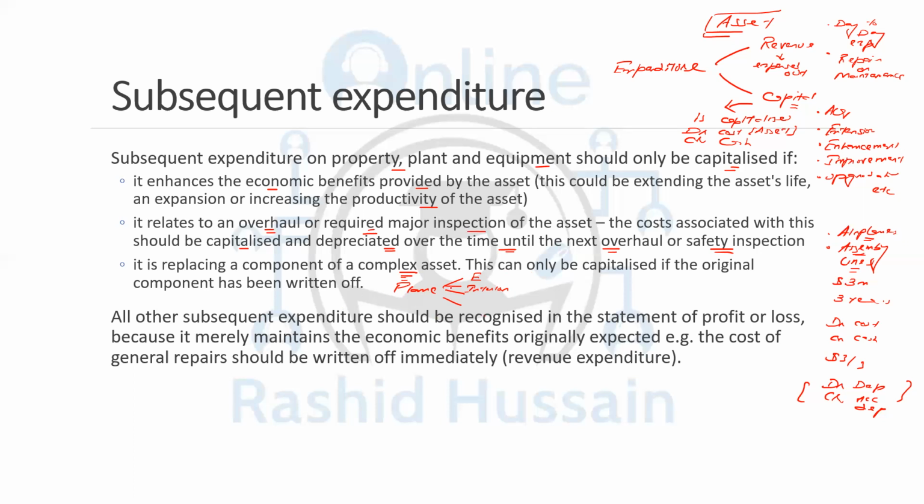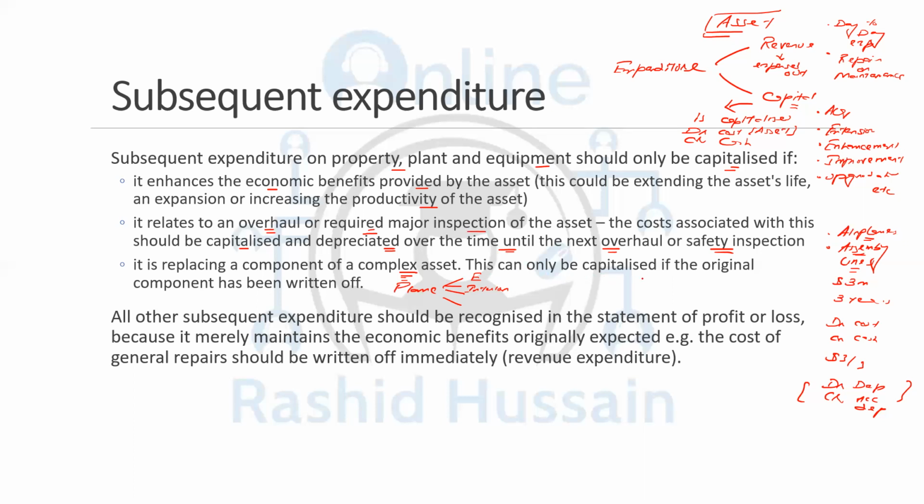So if there is a complex asset and you're replacing a component of it, for example, you have a plane, let's assume Emirates is having a plane. They are taking out the existing interior and they're placing a new, advanced, modern, comfortable interior in it. Now, when you're replacing a component of the complex asset, it is also a capital expenditure.